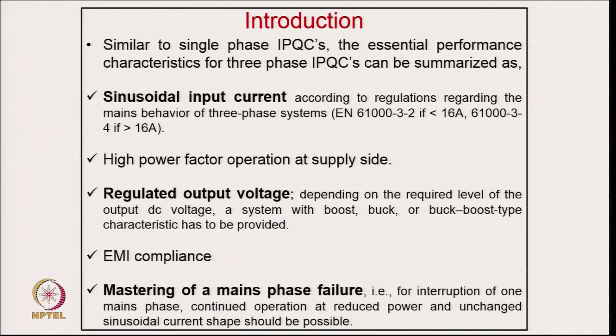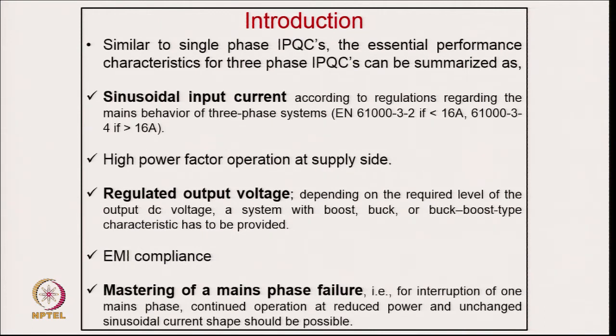Similar to single phase improved power quality converters, the essential performance characteristics of 3-phase improved power quality converters are summarized as follows. Sinusoidal supply input current according to the various regulations regarding the mains behavior of 3-phase systems, with EN 61000-3-2 typically for less than 16 ampere and 61000-3-12 for more than 16 ampere, and a high power factor operation at the AC mains.